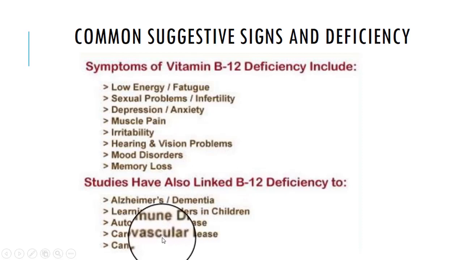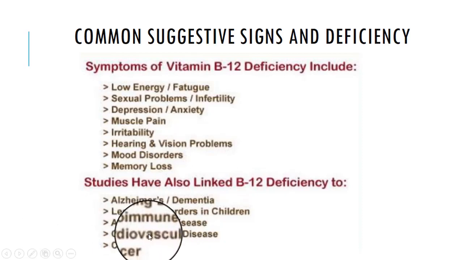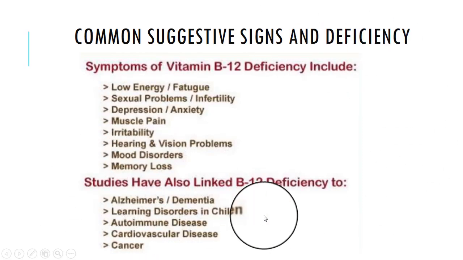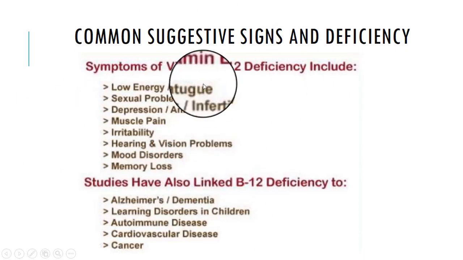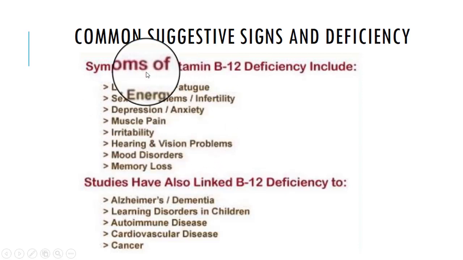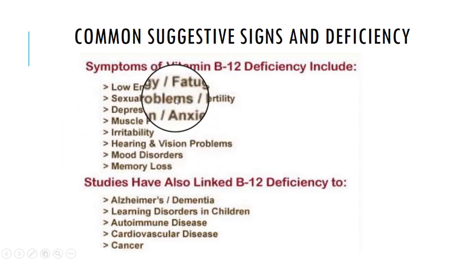It can be myocardial infarction, it can be rheumatic fever, it can be PDA, it can be DBS, and so on. Diseases which are associated with the heart. Next, that is cancer. So these are the various deficiencies which you may get if you don't have an adequate amount of vitamin B12 in your body.